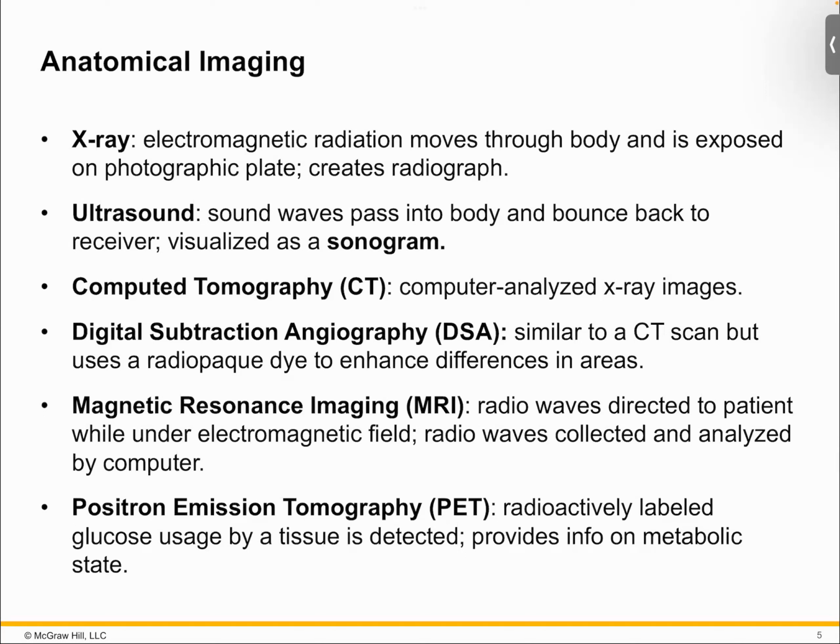PET is really cool. Positron emission tomography. What you do is use a label, a radioactively labeled glucose, and your tissues will utilize glucose differentially. Your glucose metabolism is tied into your insulin cycles and glucagon cycles, and there's a lot going on in your glucose regulation.